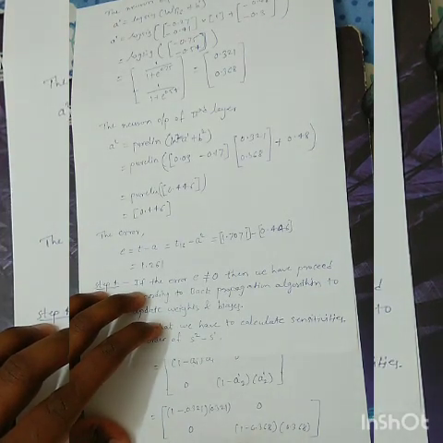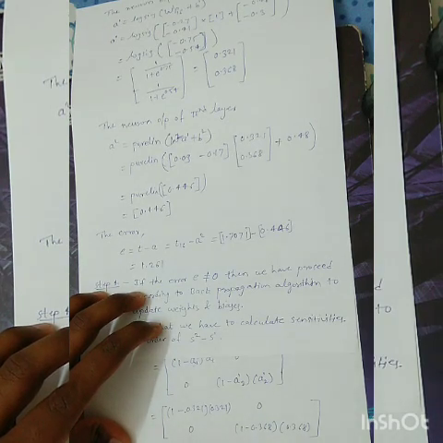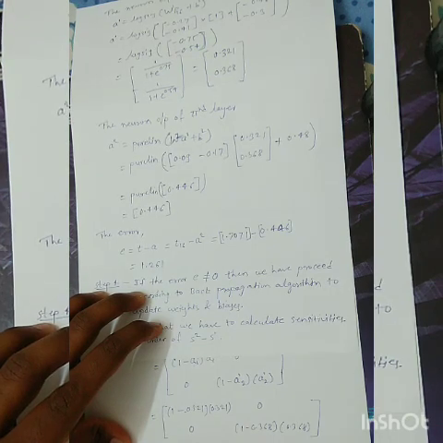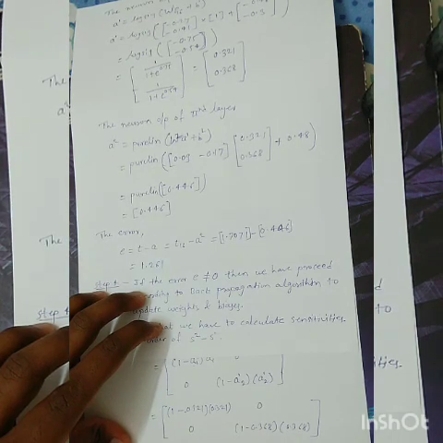If you solve this, you will get a matrix. Its value will be equal to 0.218, 0, 0, and 0.233.